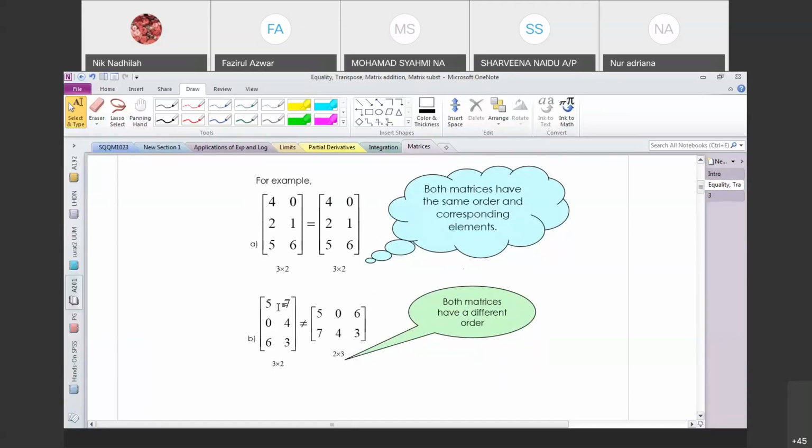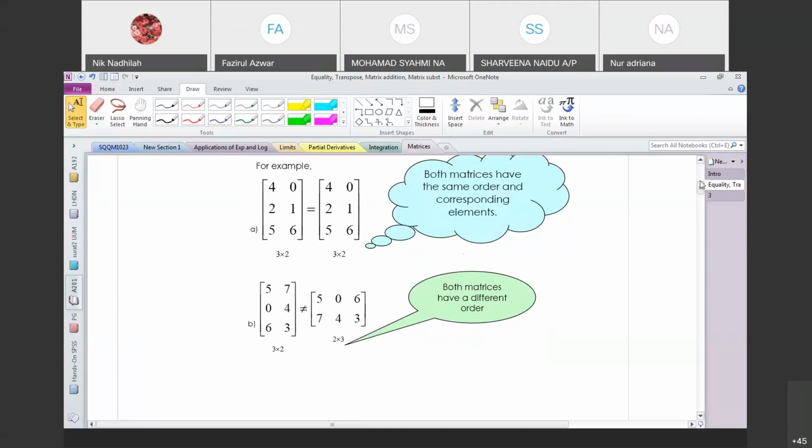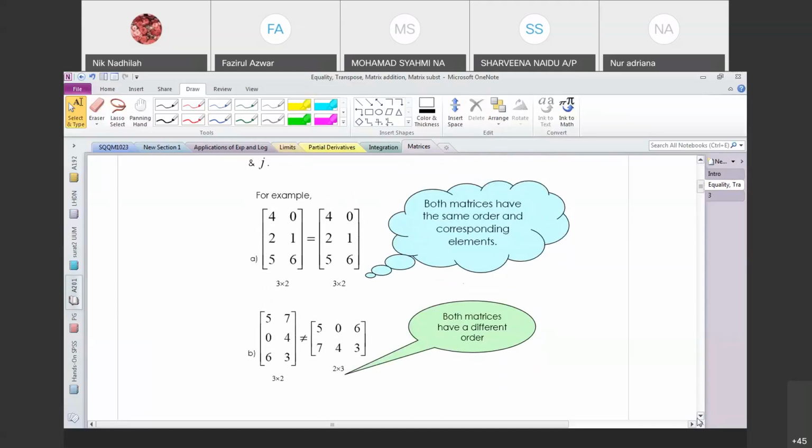Even though you might say the elements are quite similar, since the orders are not the same, they are not equal. So that's equality of matrices, as easy as that.